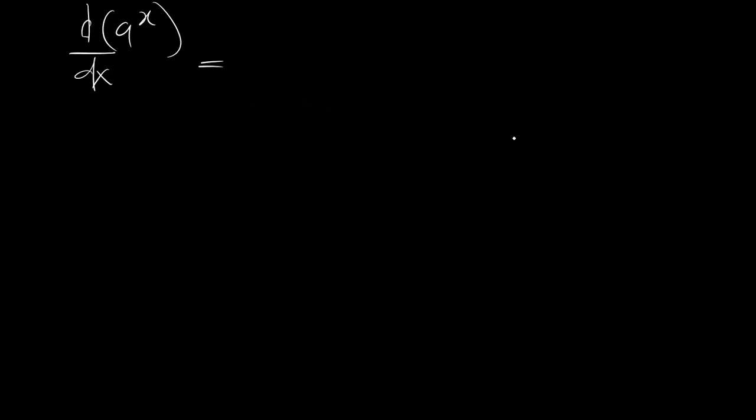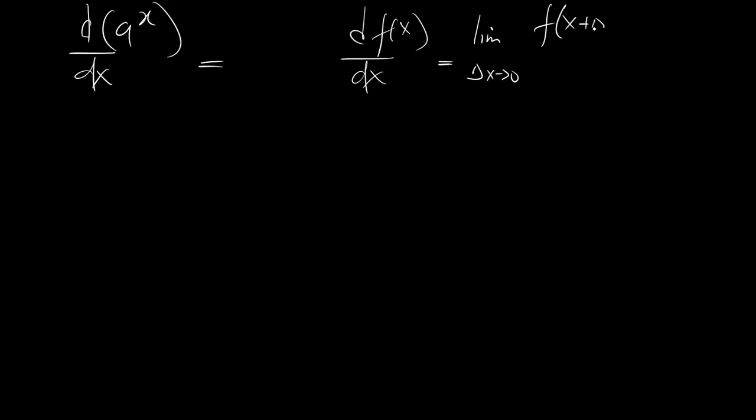Now, using the first principle also, you know that the derivative of a function with respect to x is the same thing as the limit of f of x plus delta x minus f of x divided by delta x.